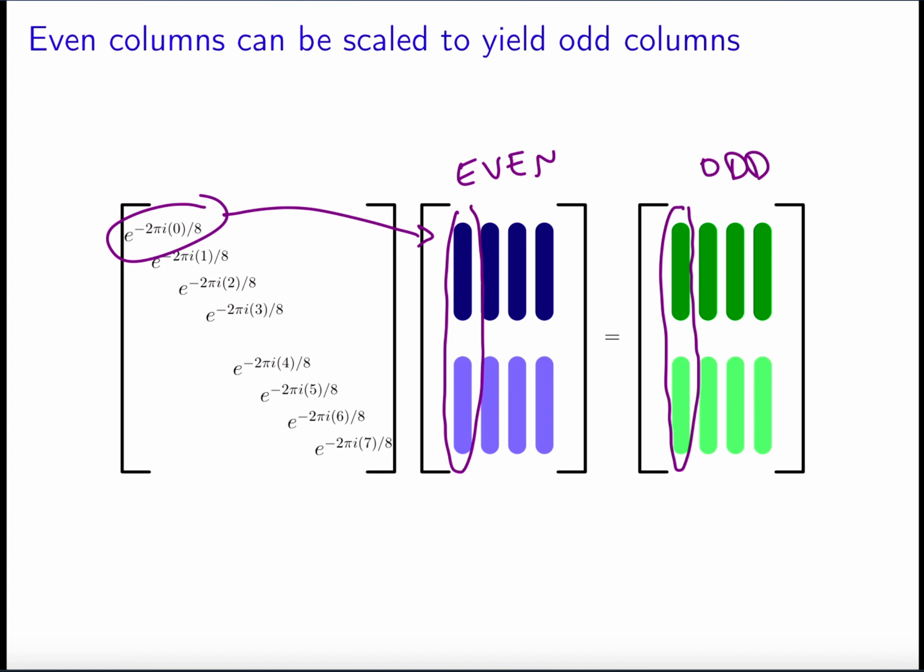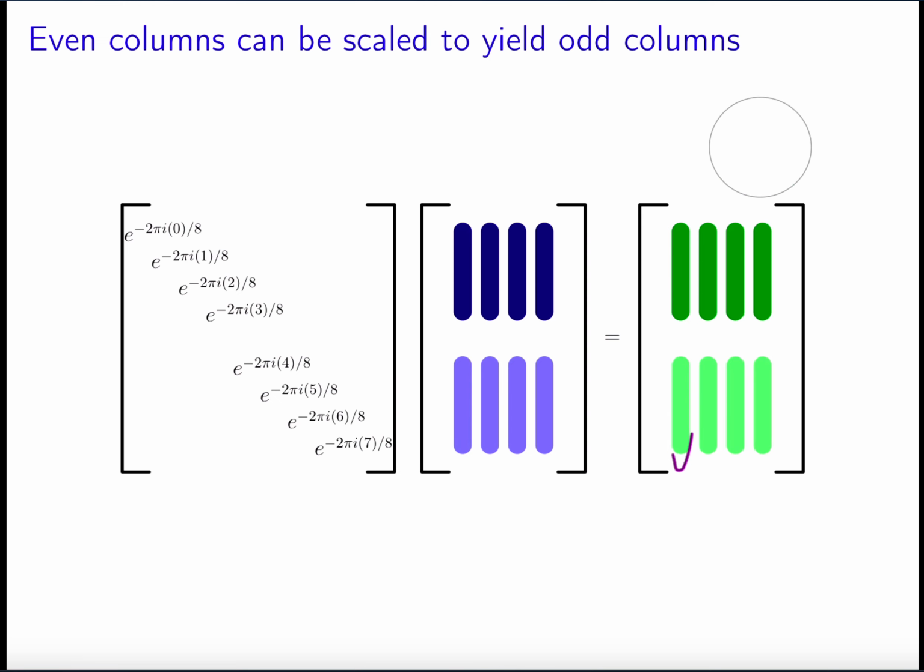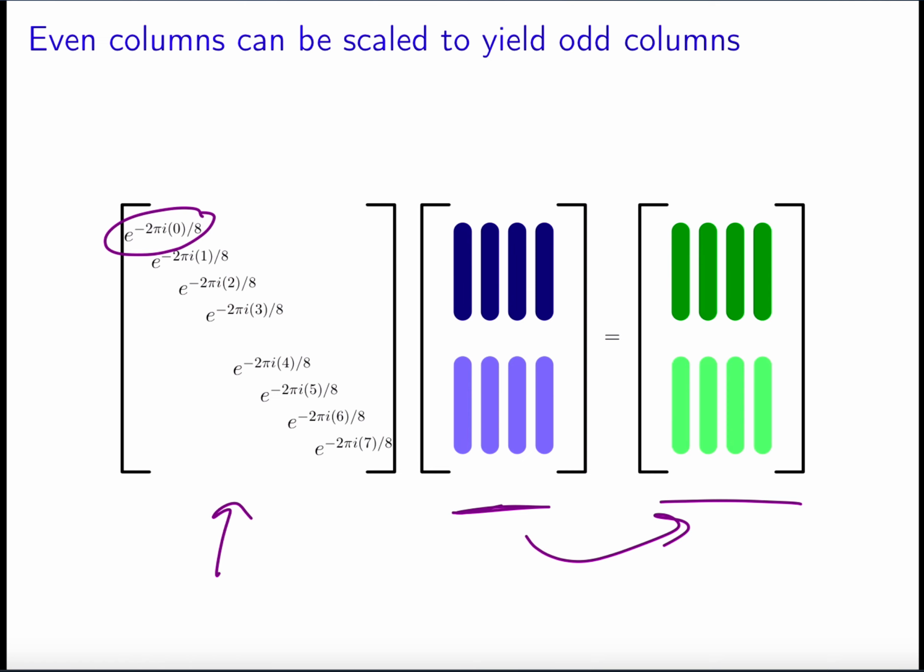You will do this in detail in the homework, or you can check the notes. But for the sake of this video, we're just going to use the fact directly. So I can change the even columns into the odd columns by just applying a single number to them. This is a diagonal matrix.